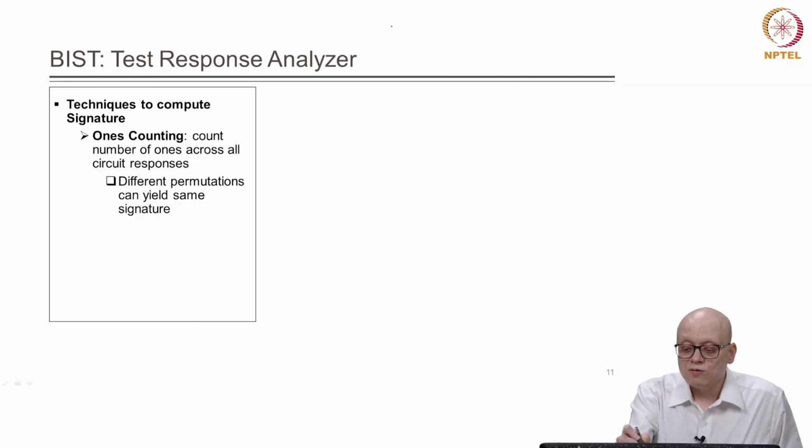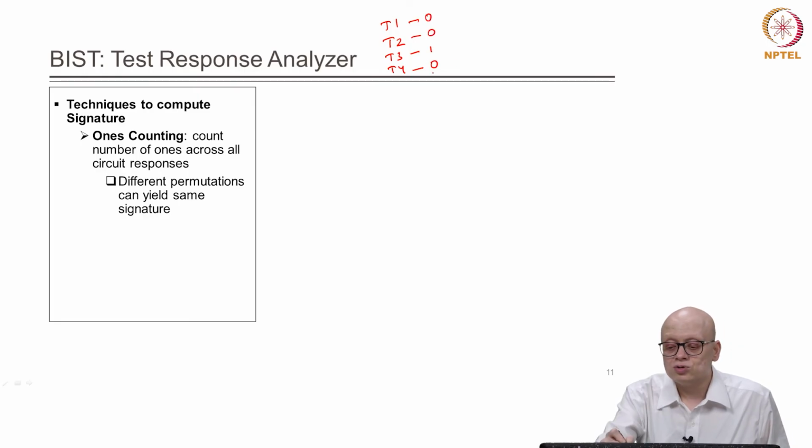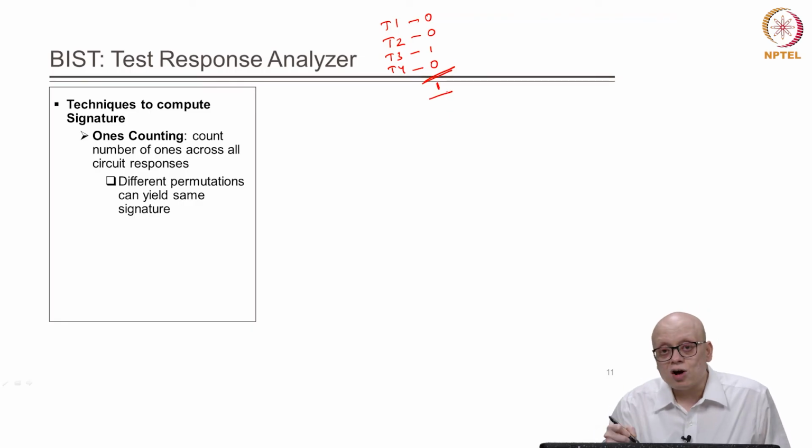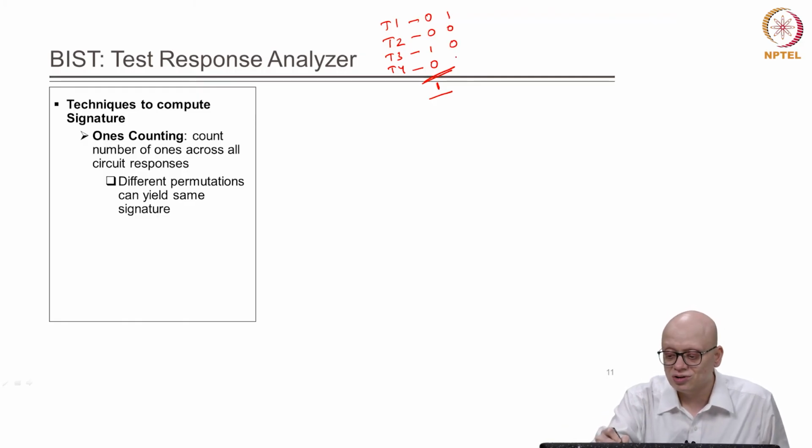Suppose there were say 4 test vectors T1, T2, T3, T4. The golden circuit was producing the output say 0, 0, 1, 0. So, the number of ones in the ones counting method in this case is 1. Now, suppose our circuit was faulty, but it was producing a response which is a permutation of it, for example, 1, 0, 0, 0.